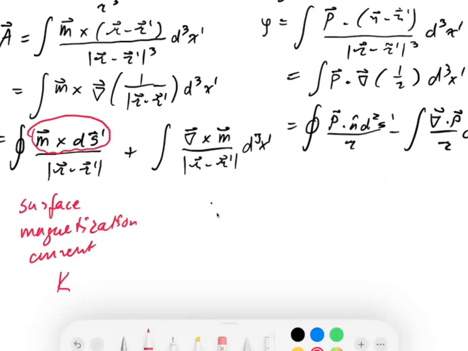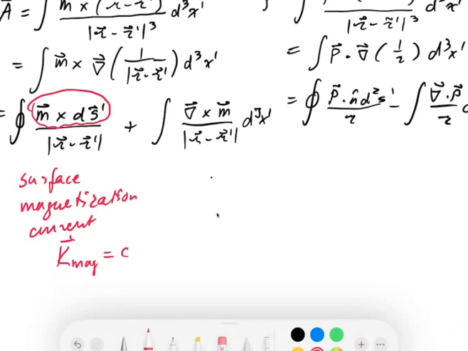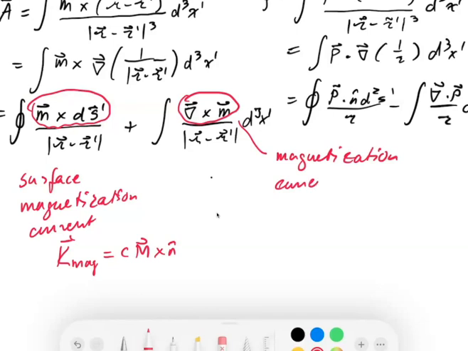It's called K mag, and it's c M crossed with n. And this is the magnetization current, J mag, which also we put into c, so it will work nicely for our Maxwell's equations.